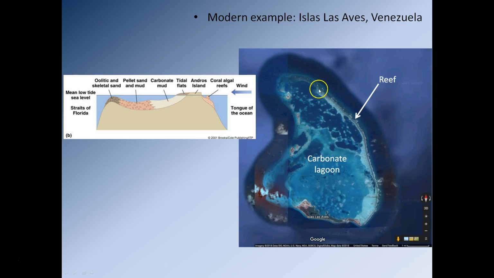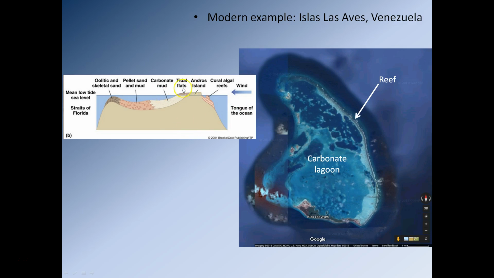Now, I'm not sure what is actually causing this topographic high, but I would postulate it's probably a seamount, an extinct volcano. Here's the reef, building up on the windward side of the platform, and behind it we have the carbonate lagoon that's being protected by the reef, and in here we have carbonate deposition. You can see that once again because it has this very distinct creamy white colour.